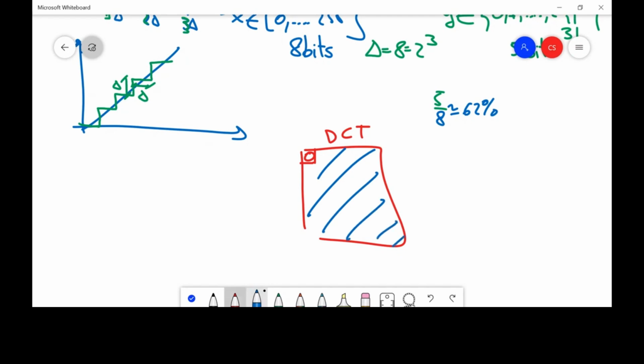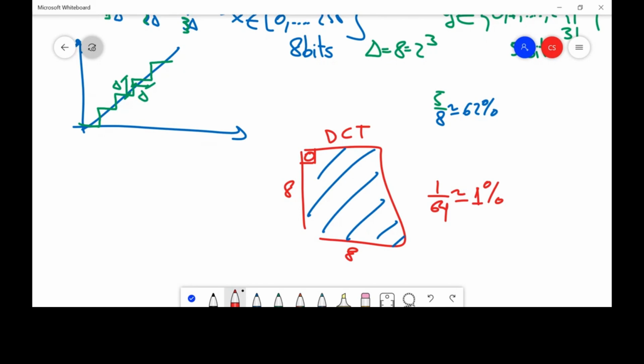The size of this was 8 times 8. If I keep a single number, what is the saving? I need to keep only 1/64 of the original size.